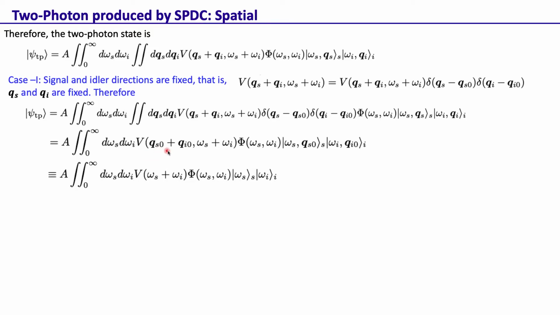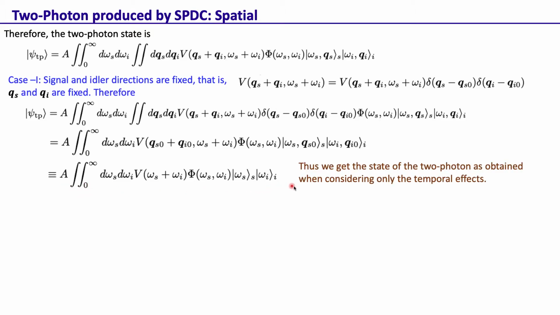In that case we need not even show these indices qs naught and qi naught, and the two photon state is simply given by this integral. This is basically the two photon state that we derived in the context of temporal two photon interference. So that's the same state we have.